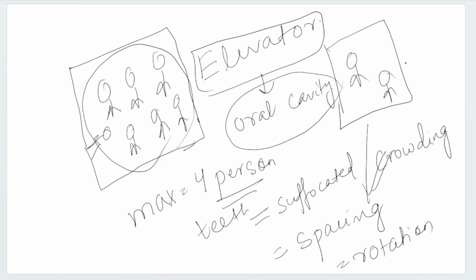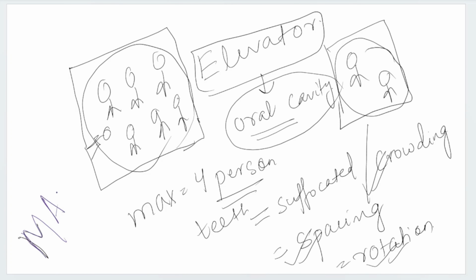If there are fewer teeth than the space present in the oral cavity, there will be spacing. If there is any rotation, there will be rotation, correct? So that means it is not in a proper position. Okay, so in those conditions, it is known as malocclusion.